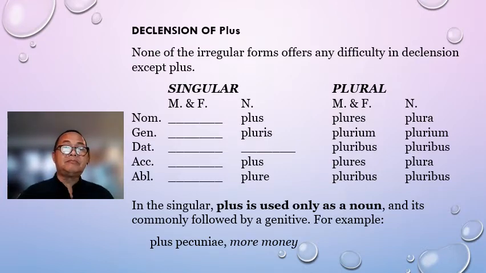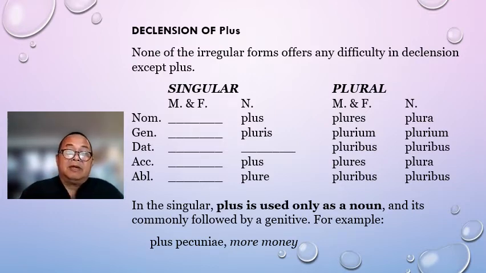In the declension given here of plus, you will notice that in the singular, you do not have masculine and feminine. Plus, in the singular form, has only neuter. And among the neuter, there is no dative case. So, plus, pluris, blank, plus, plure. But for the plural, you have regular: plures, plura, plurium, pluribus, plures, plura, pluribus.